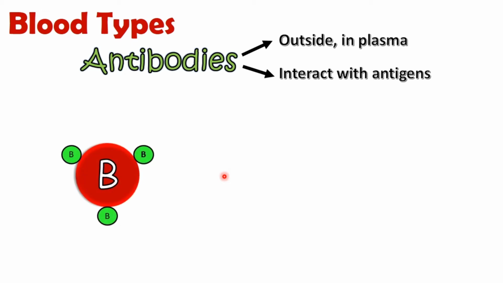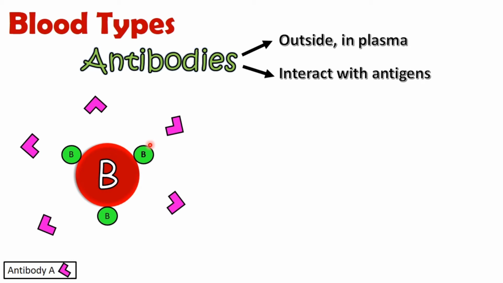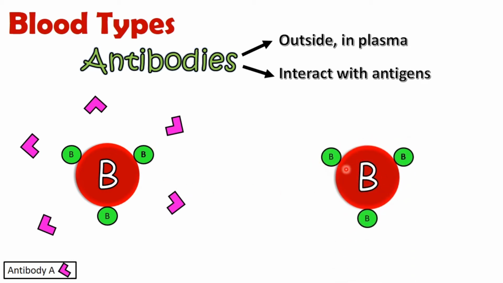So if you have antigen B, blood type B, your antibody will be antibody A. And if the person came with antigen B, there is no reaction because antibody A only reacts to antigen A. But there is no antigen A right now, so no reaction occurs.